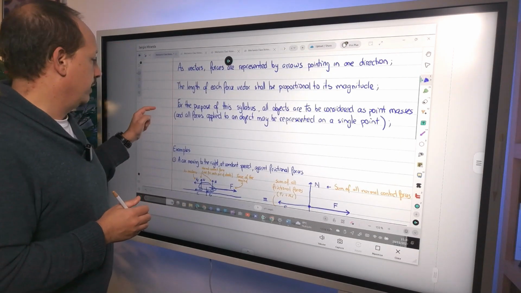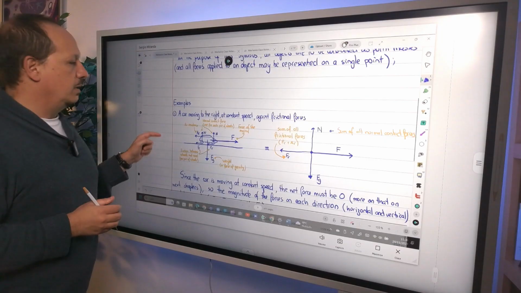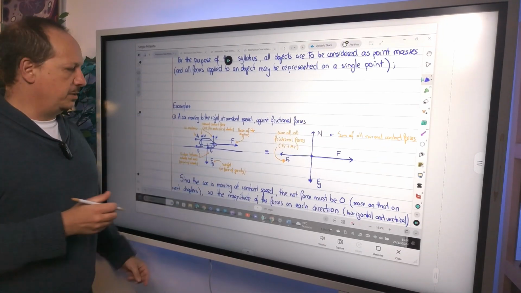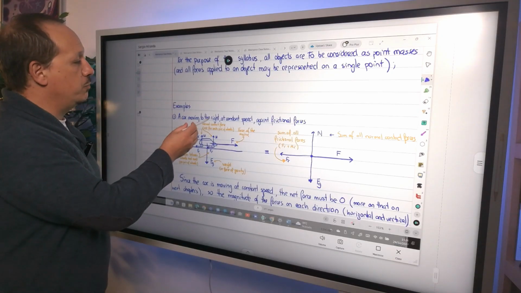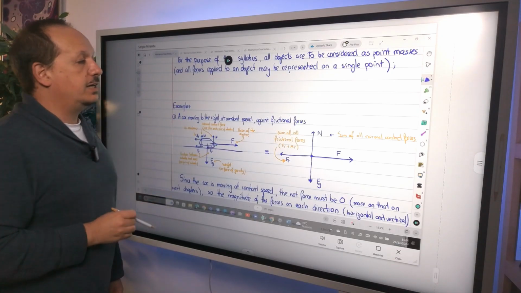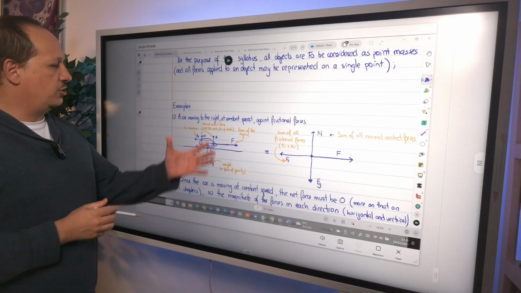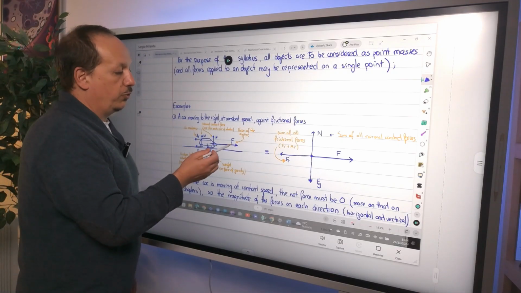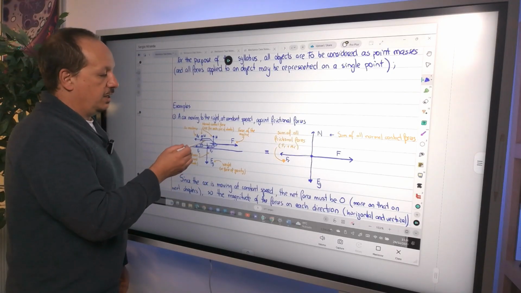You don't have to. So for example, I put here a situation as complicated as I could imagine. Let's say that you have a car moving to the right at constant speed against frictional forces. I just represented here all the forces I could remember. This F will be the driving force of the engine.